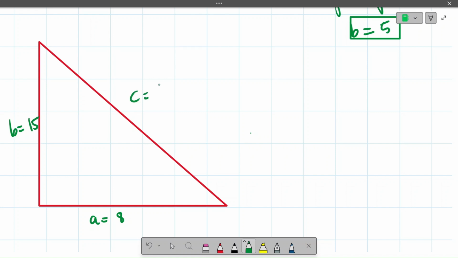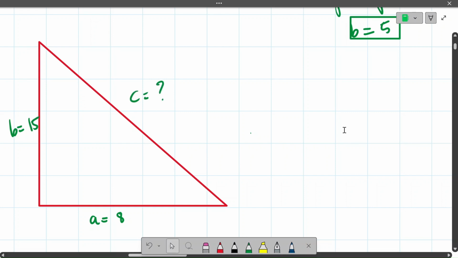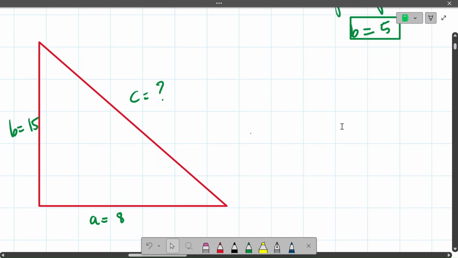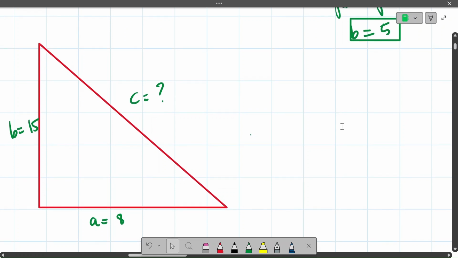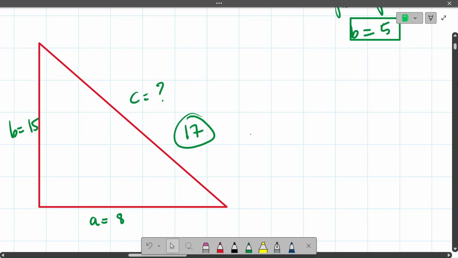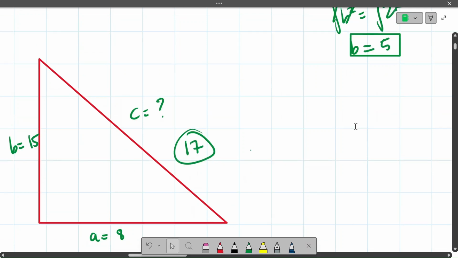What is C? Use your answer sheet and try to find C. To give you the answer, it must be 17. But figure out how C became 17. So that's it for the Pythagorean theorem.